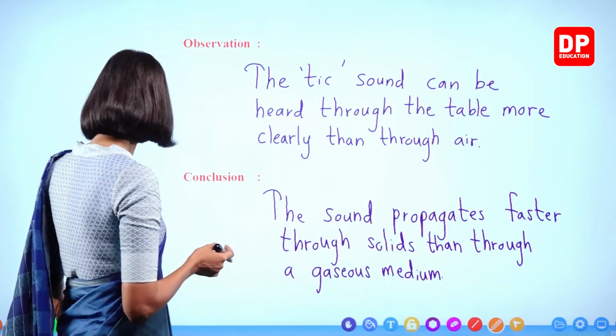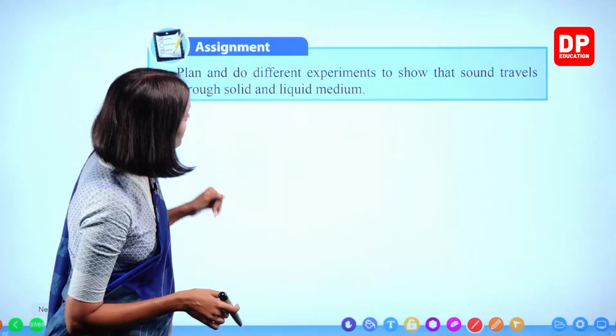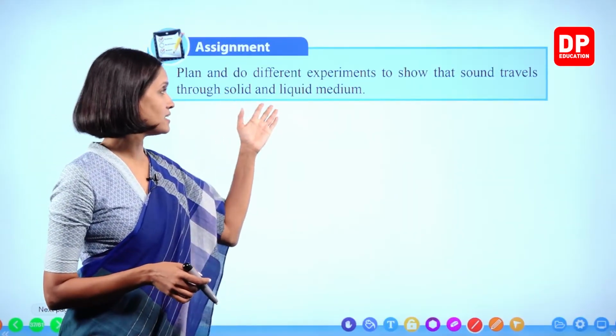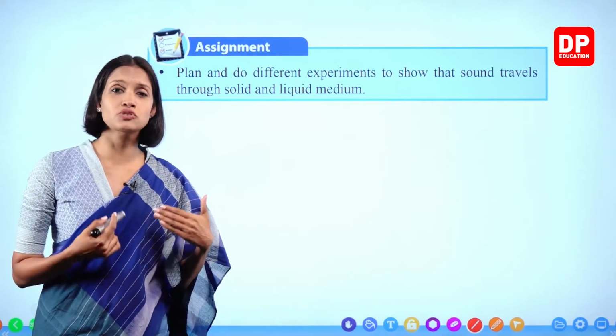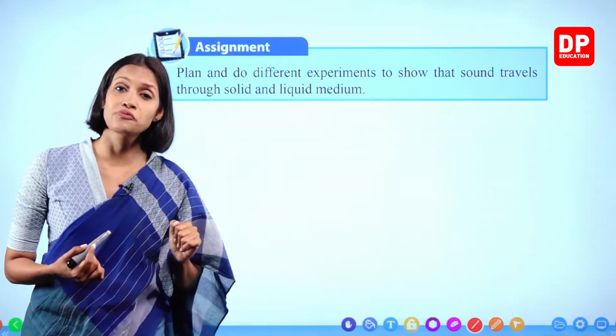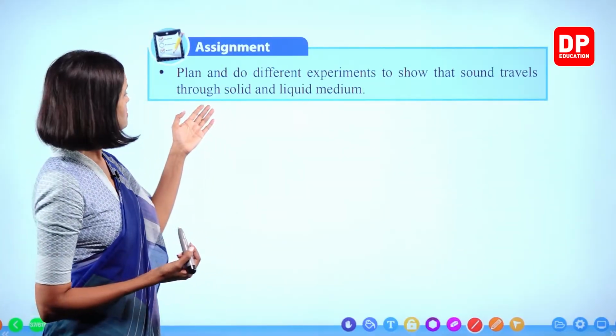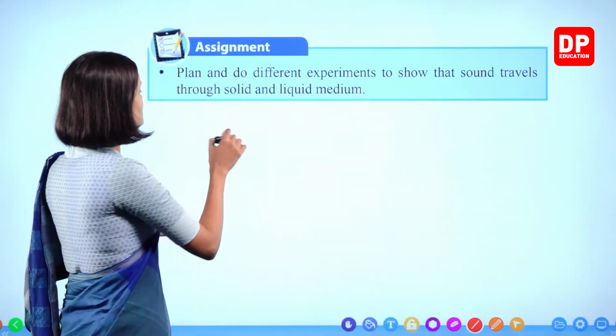Right? So we have this assignment to do. Plan and do different experiments to show that sound travels through solid and liquid media. Here we did some activities to observe that sound travels through these two different types of media. Well, let's think of another activity as well.